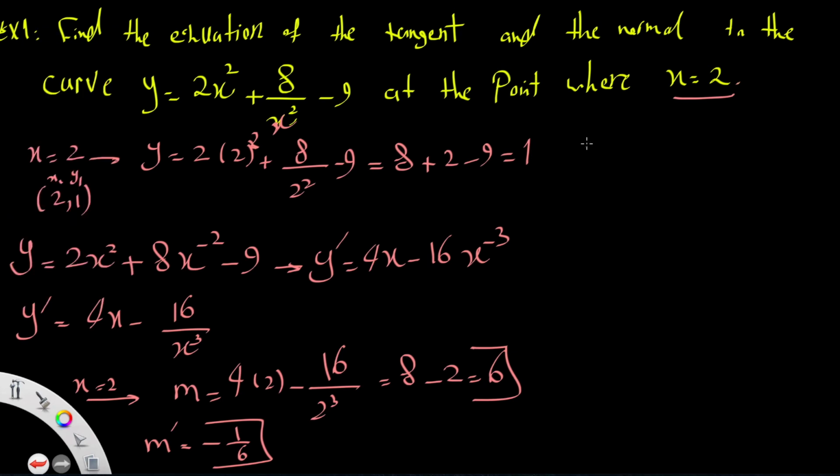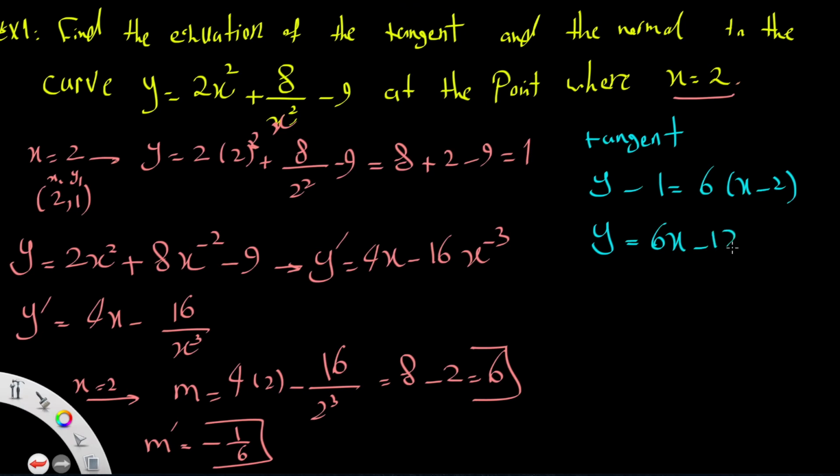Now to write the equation of the tangent first: y minus y1, which is 1, is equal to m, the gradient, which was 6, times (x minus 2). So y will be 6x minus 12, and negative 1 is transferred to the other side, so y will be 6x minus 11.